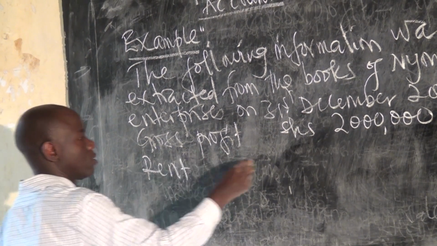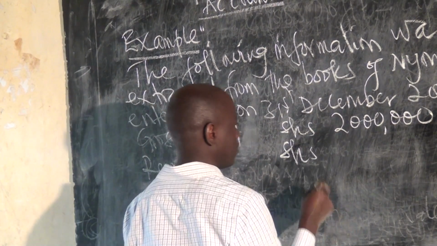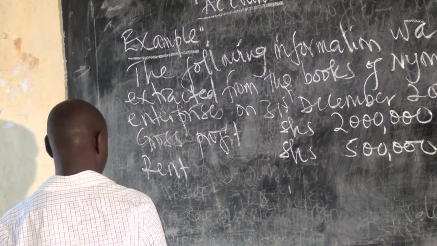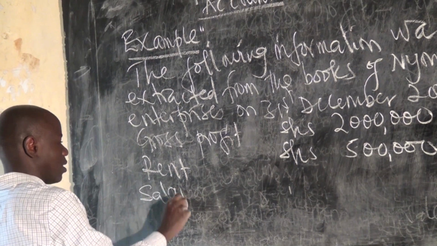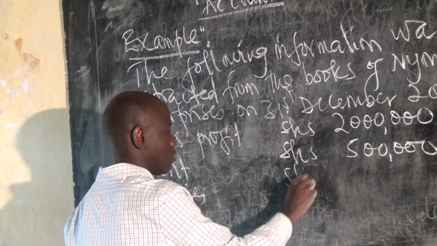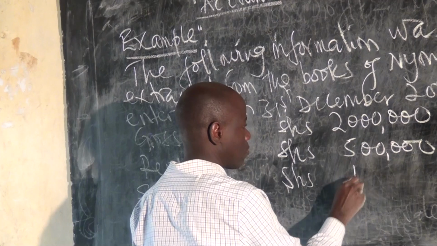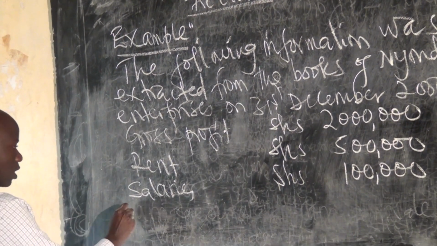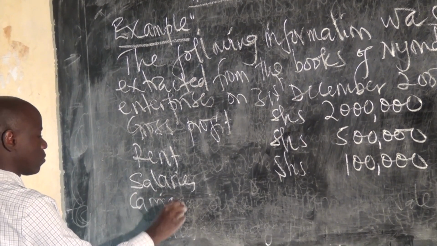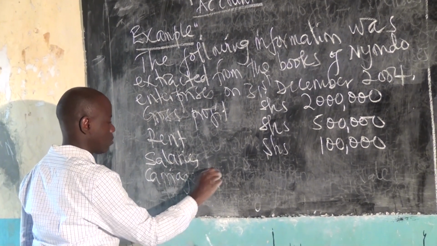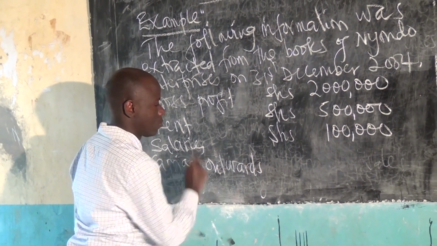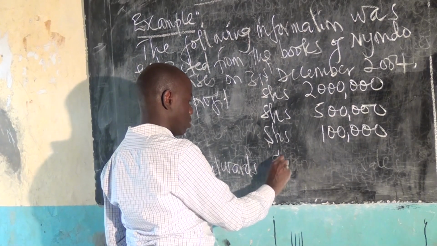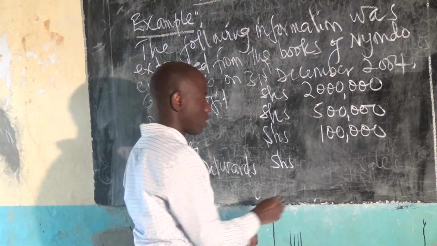Rent, shillings 500,000. Salaries, shillings 100,000. Carriage outwards, shillings 100,000.